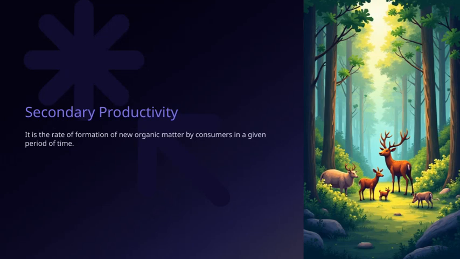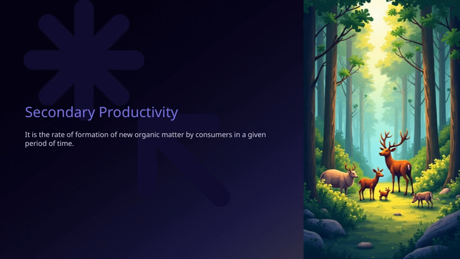So, when we talk about secondary productivity, we're referring to the rate at which consumers, like herbivores and predators, produce new organic matter over a specific period of time. Essentially, it's about how efficiently these organisms convert the food they consume into biomass that can be used for growth and reproduction.